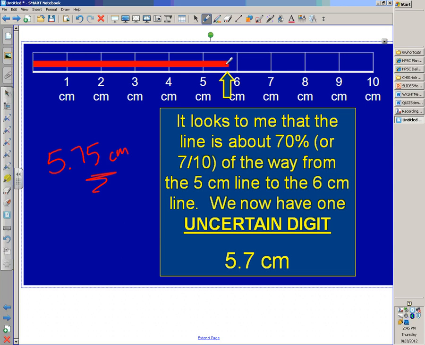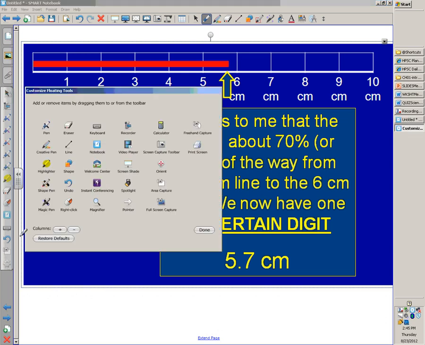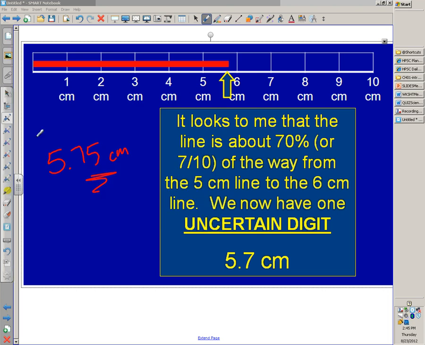Why is 5.75 not an acceptable answer? Don't talk into the microphone. Go. Because there's two uncertain digits. There is two uncertain digits, Maddie. I see two uncertain digits.